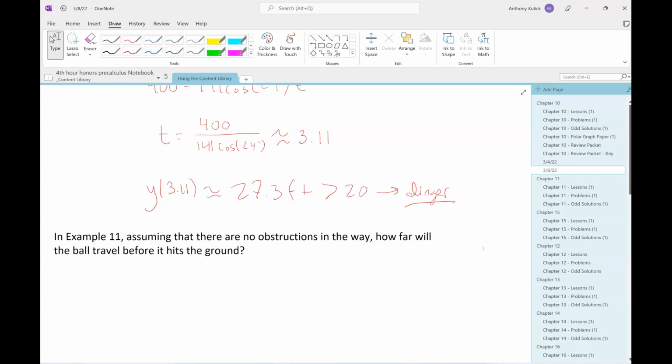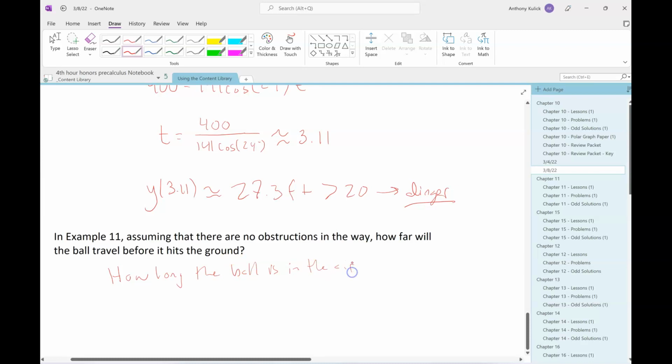So same idea as the first problem, but in reverse, right? We need to find out how long the ball's in the air. We'll call that T sub A. And then we're going to do X of T sub A to give us how far away that ball's going to land.